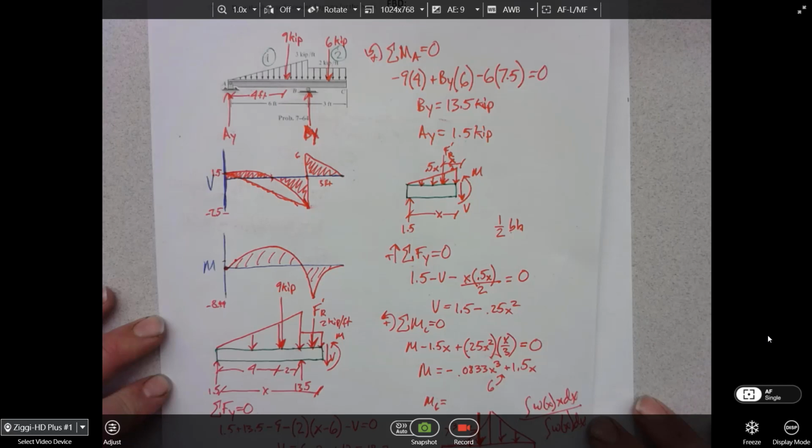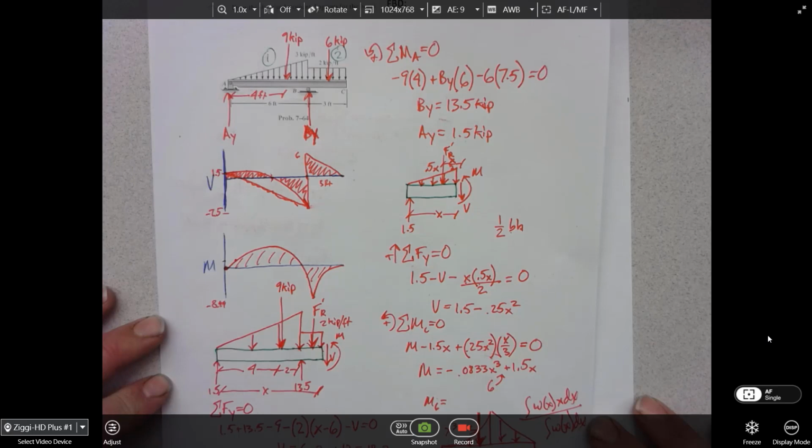So then if I wanted to find the total resultant force here, which maybe I'll call Fr prime, it's going to be the distance x times the magnitude 0.5x divided by 2, because it's a triangle, and that's going to equal 0. Where does the 2 on the bottom come from mathematically?